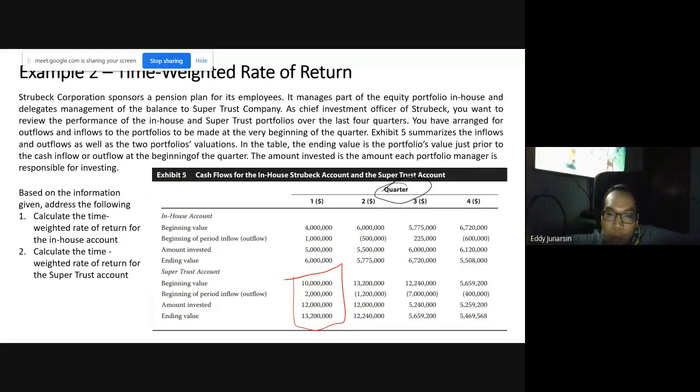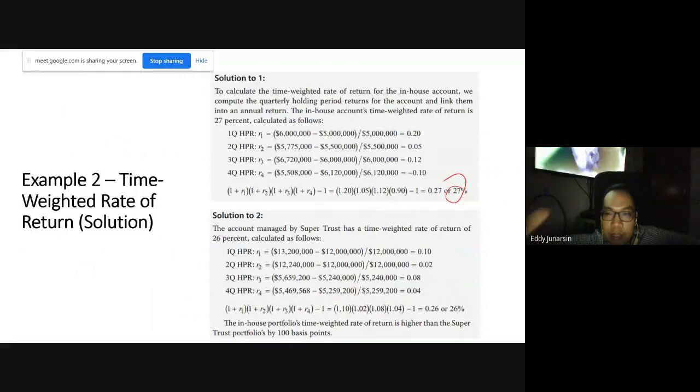Okay, so 1.2 divided by 12. This one is also the same thing, right? The difference divided by the preceding value. So we got 10%, 2%, 8%, and 4%. So we find the geometric return, time weighted.